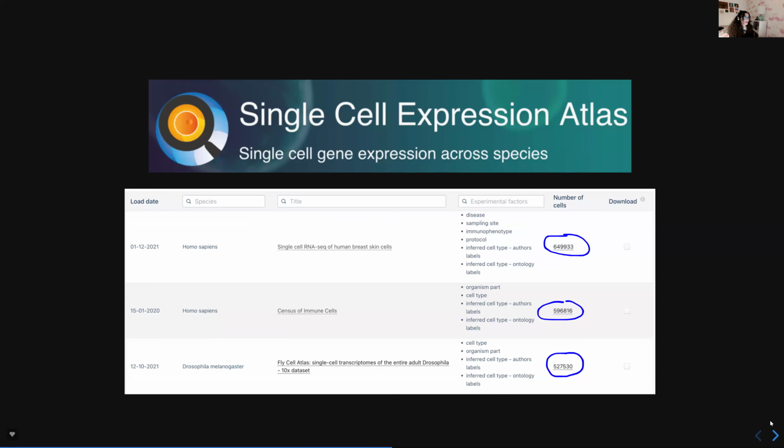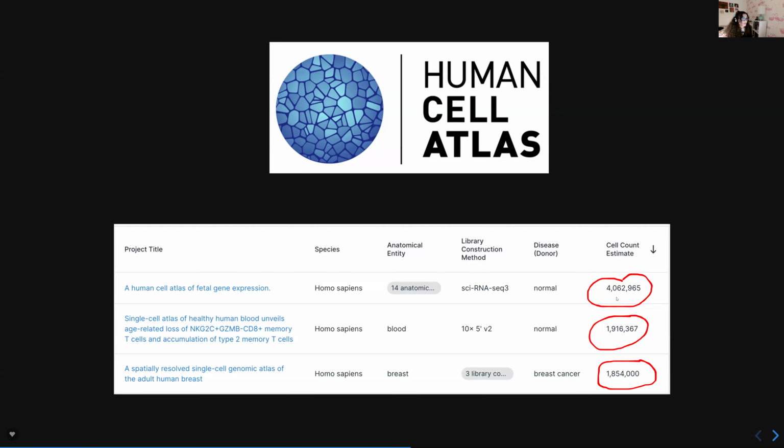If we look at the Single Cell Expression Atlas, you can see experiments that are not even very recent, that have around 500,000 cells. So this is about 500,000, this is about 700,000. If we go now to the Human Cell Atlas, we find an estimated cell count of 4 million to billions.